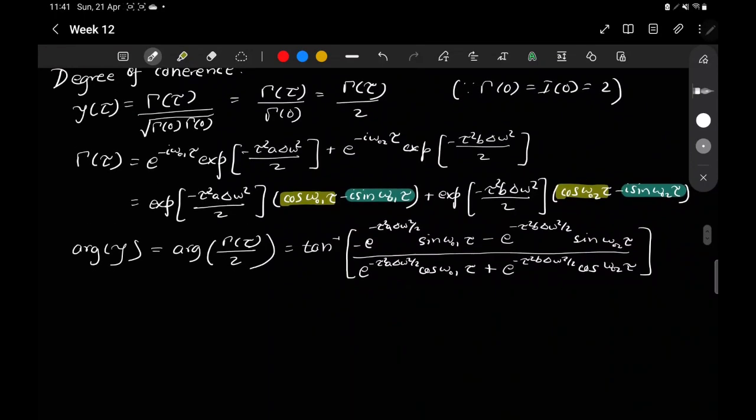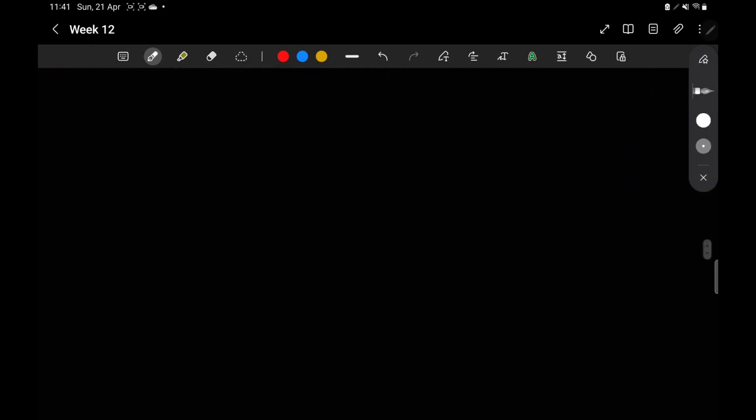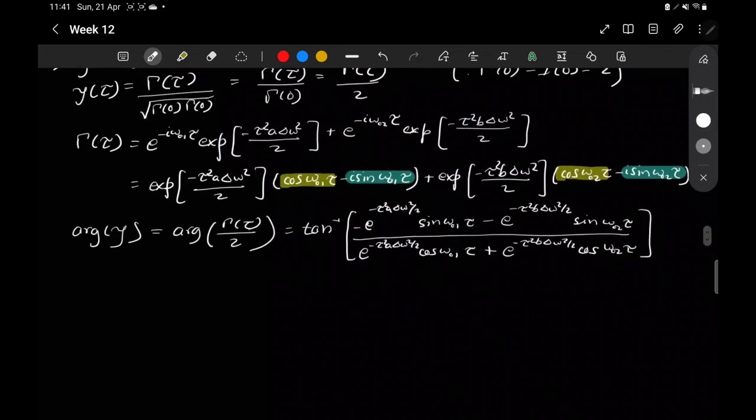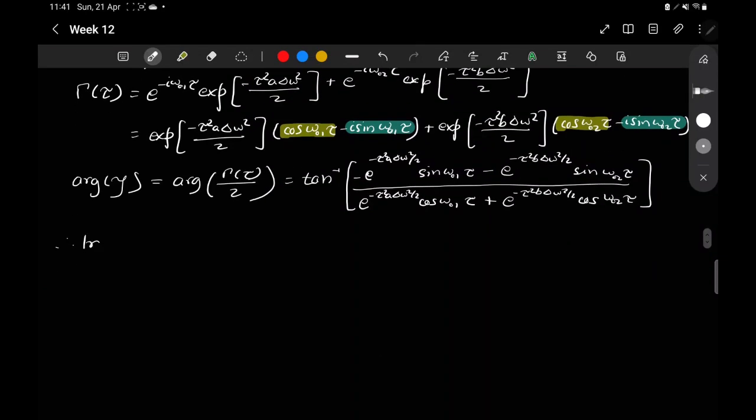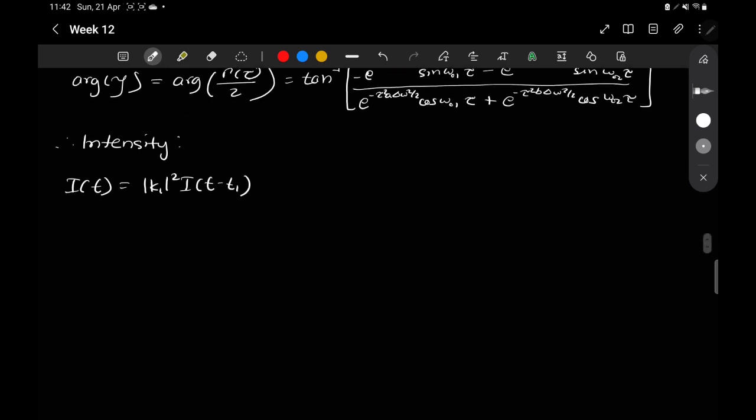Now we can write down the intensity. This is the intensity at the output of the Mach-Zehnder.